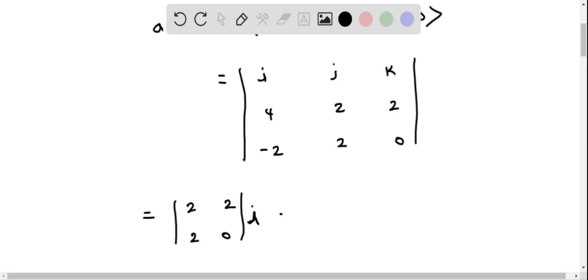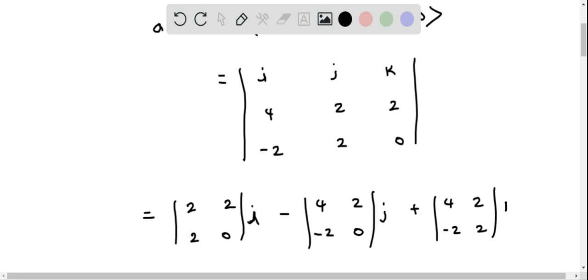This is i, minus. Now I'm going to leave the second column and first row. So therefore we'll get 4 2, negative 2 0 times j, plus for the k component we have to leave the first row and third column. So it is 4 2, negative 2 2 times k.